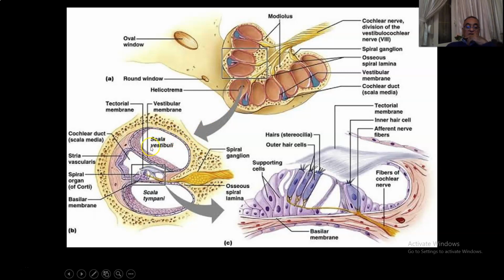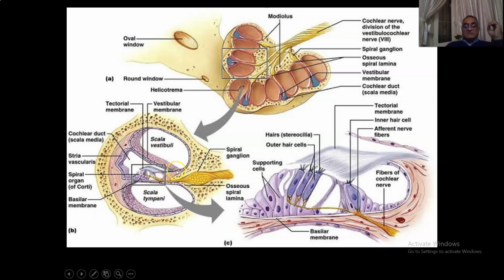There are 3 spaces in each cross-section: the scala vestibuli above, scala tympani below, and the scala media or cochlear duct in between, and the organ of Corti. The receptor for hearing is present in the cochlear duct, the scala media, and it is resting on a membrane called the basilar membrane, separating it from the scala tympani.